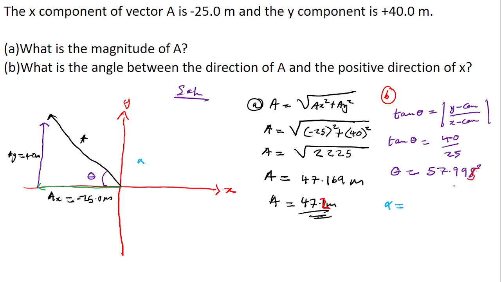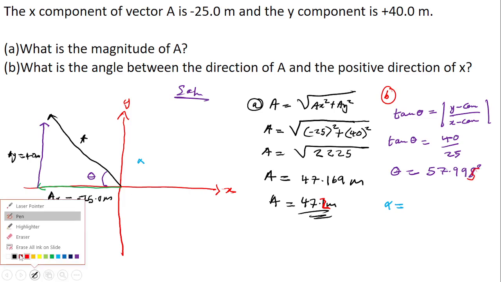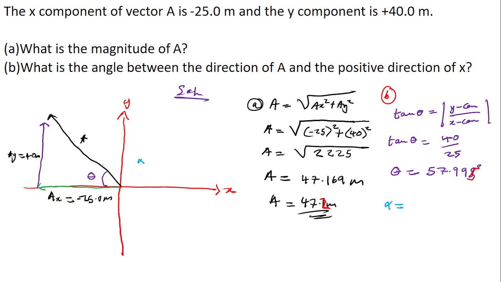So the angle we are looking for, let me just draw it. The angle we have found is this one, but the angle we are looking for is that particular angle, the one I'm shading in blue. So please take note of that. And then we have this other angle, which is 180 degrees, but we are not using the 180 degrees.